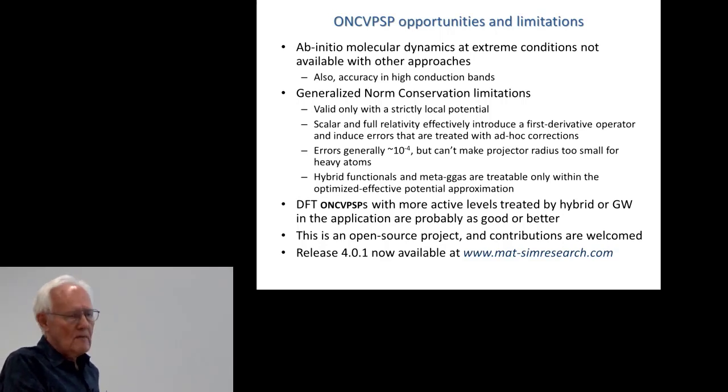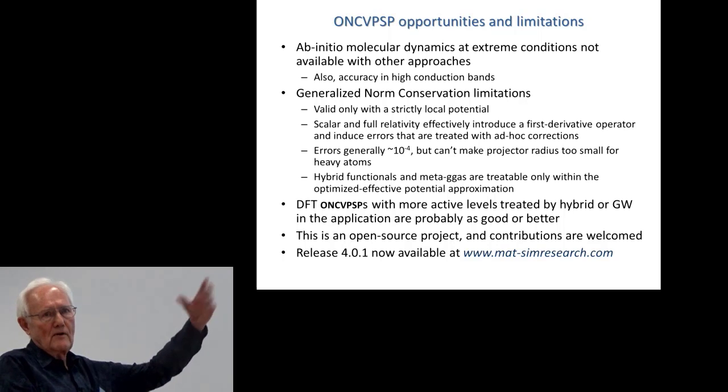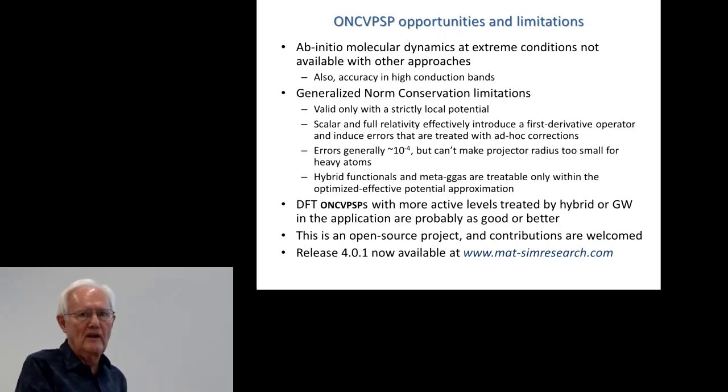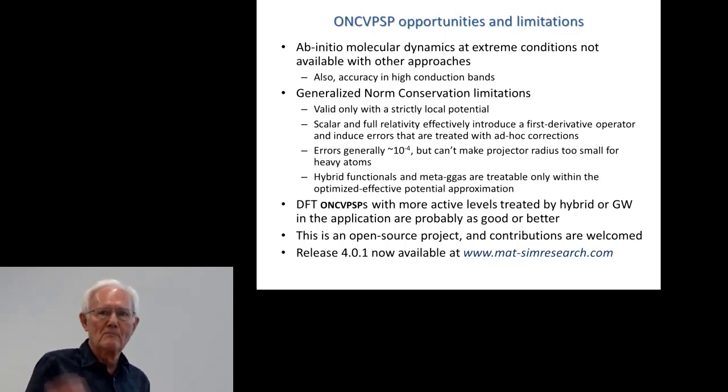Probably pays to just treat more electrons, by whatever, hybrid or meta, by putting another shell and just using a density functional pseudopotential with one more active shell. And I will point out that the release that incorporates everything I've told you is now available on the web, and this is an open source project, so I welcome contributions. Thanks for your attention.